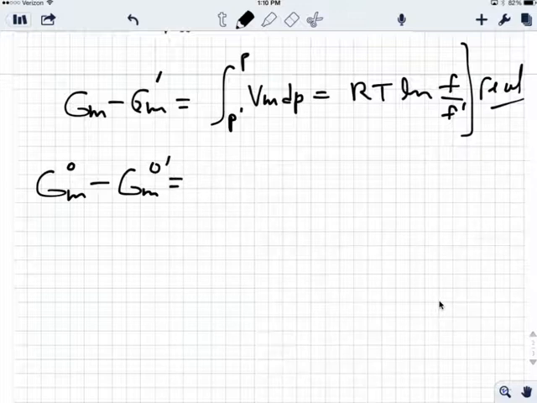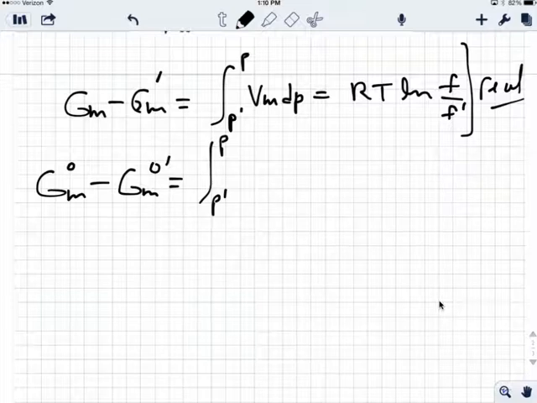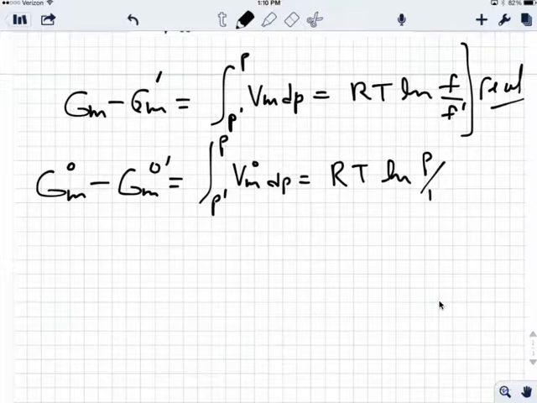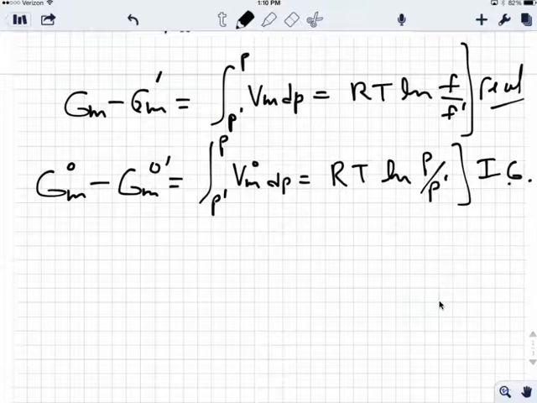We can see what the difference in Gibbs free energy per mole is under the same kind of conditions, going from pressure P prime to pressure P. We're now going to have the molar volume of the ideal gas, and so we'll put the circle here to indicate it's ideal. We can tell that that's equal to RT natural log of the pressure P divided by the pressure P prime. So this is going to be for an ideal gas.